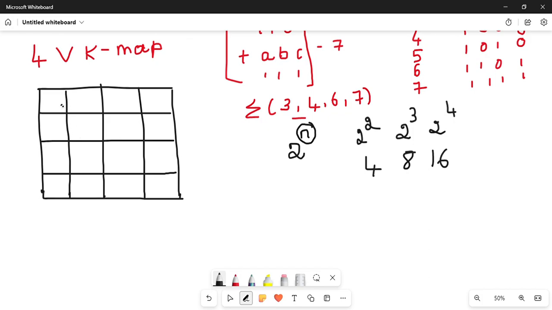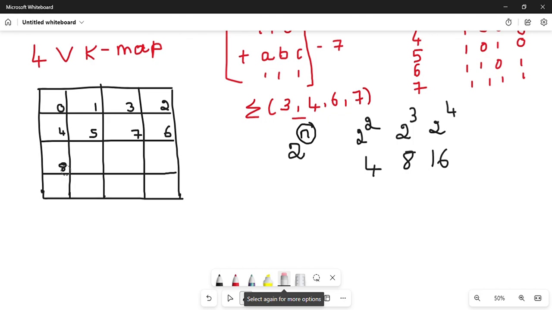The numericals are written as 0, 1, 3, 2, then 4, 5, 7, 6. Then 8, 9. You should not write 8, 9, 11, 10 over here.